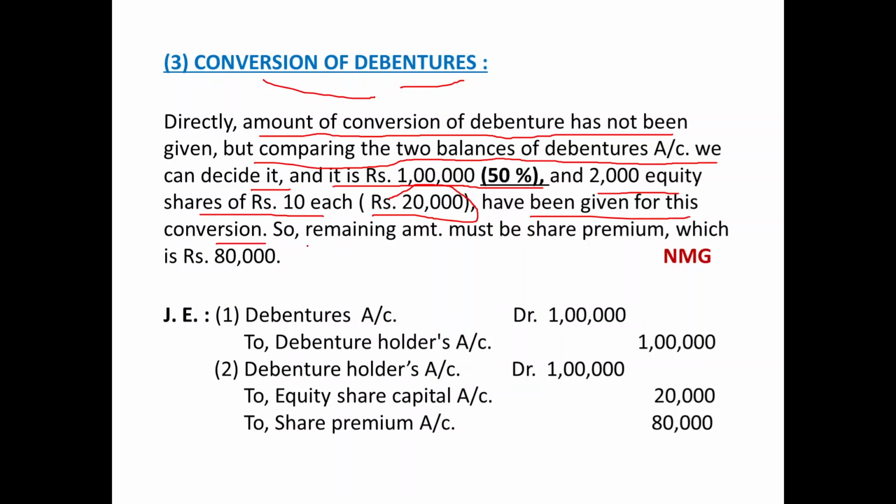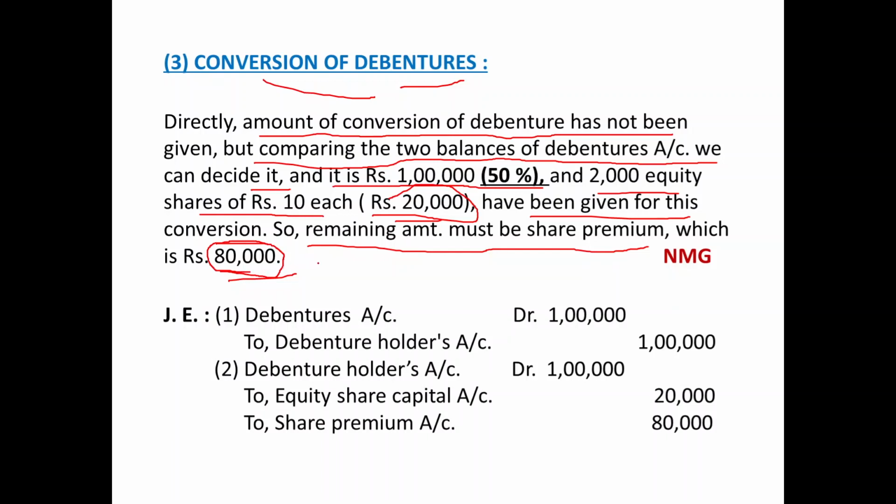It means the remaining amount must be the share premium, which is 80,000. 1 lakh is the amount of debentures. In exchange, in lieu of the conversion, 2000 equity shares have been given. 2000 into 10, 20,000. So 1 lakh minus 20,000, remaining 80,000 the company has charged for the share premium.